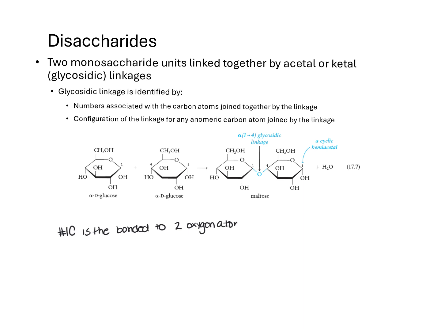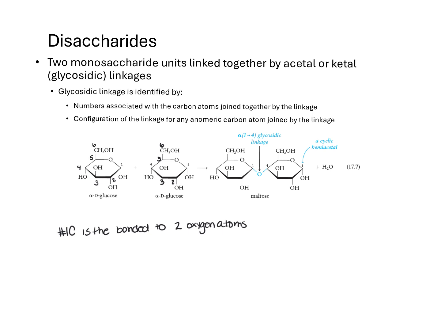It's the only one. There's only 1 carbon that's bonded to 2 oxygen atoms. So we come here to 2, 3, 4, 5, and 6. And so that's what we see as far as our numbering is concerned. Same thing over here. 1, 2, 3, 4, 5, 6.